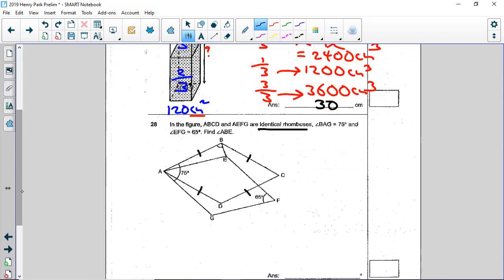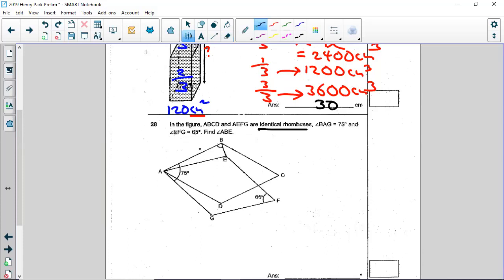A rhombus has all equal sides, and there's another identical rhombus. Before we mark out the sides, do you know that there is an isosceles triangle inside? If you don't mark out the sides, you don't see anything, but when you mark them out, you will see something quite interesting.